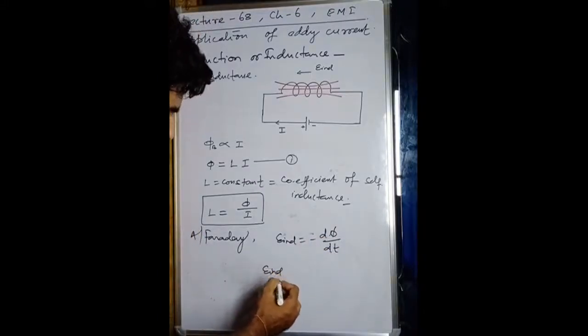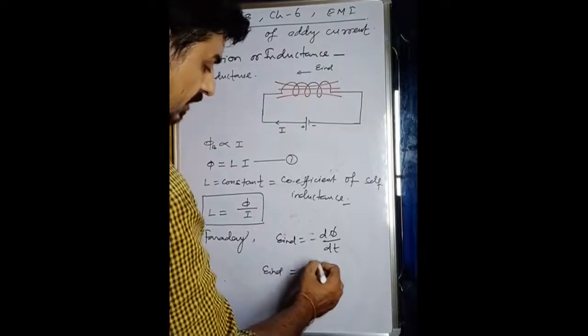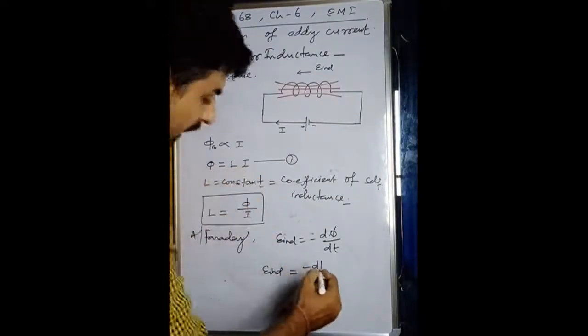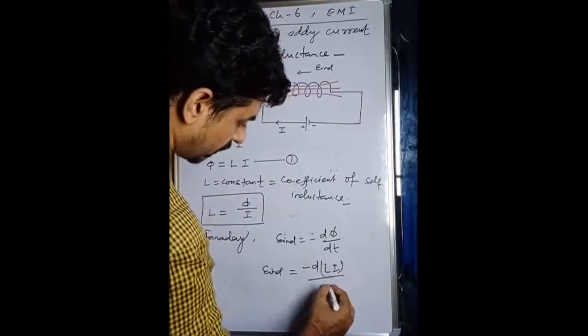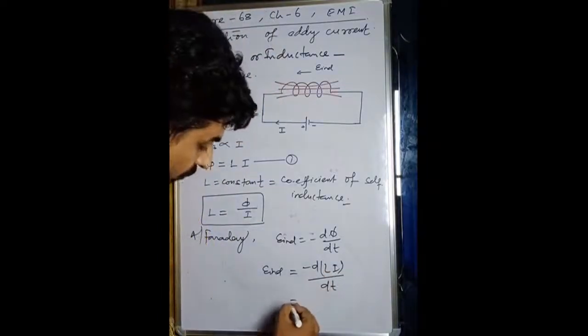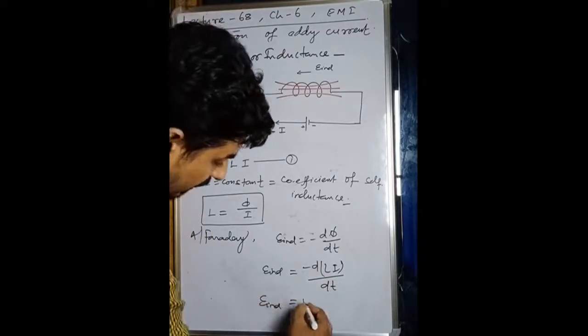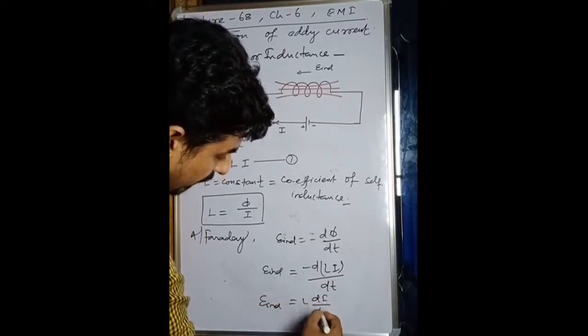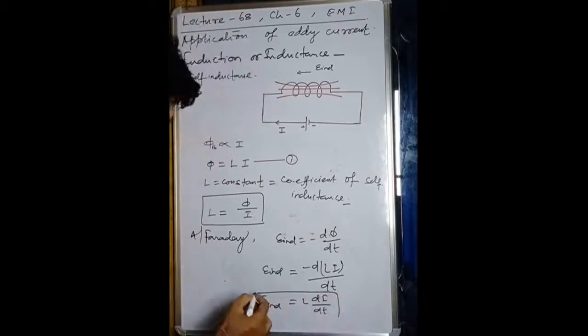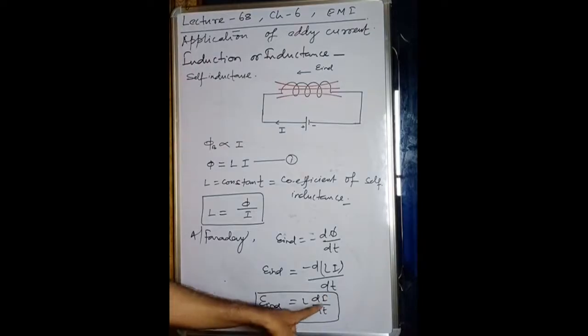So E induced we can write as minus d of Li over dt, and this L is constant, so the induced EMF can be written as L di by dt. Remember, EMF will not be induced until the current changes. There must be some flux due to the current, but if the current I is constant, this derivative will be 0 and the entire induced EMF will be 0.